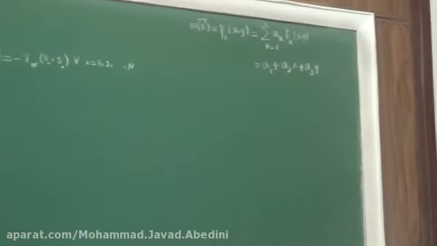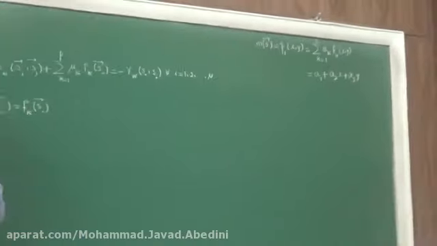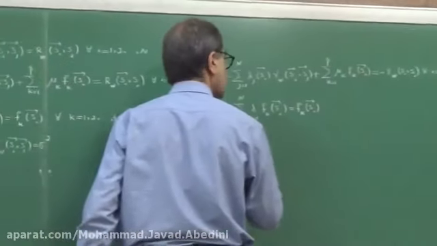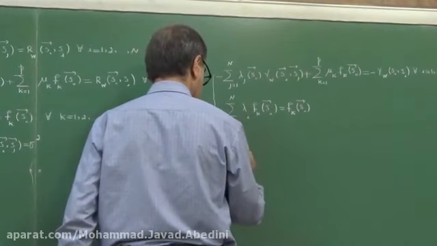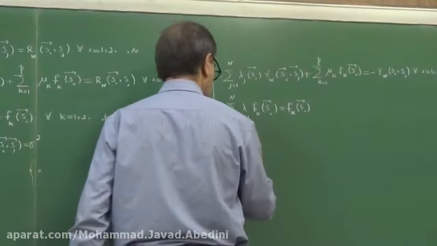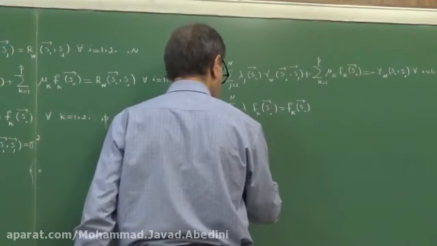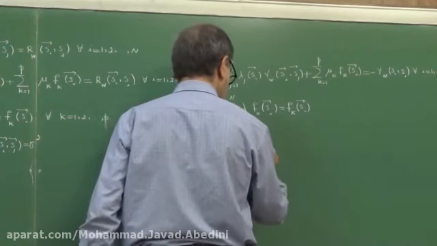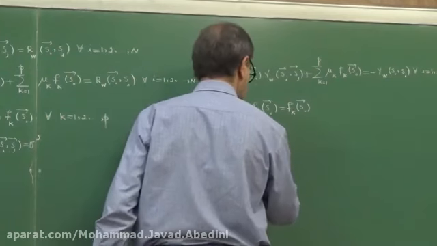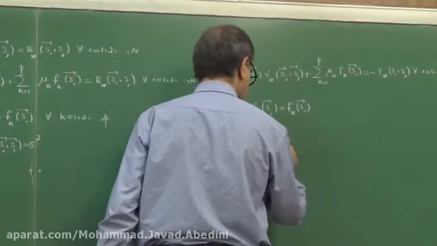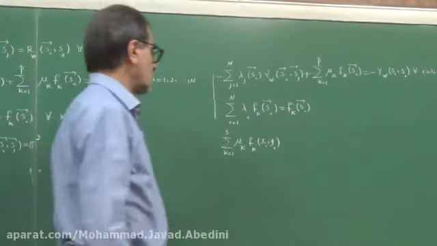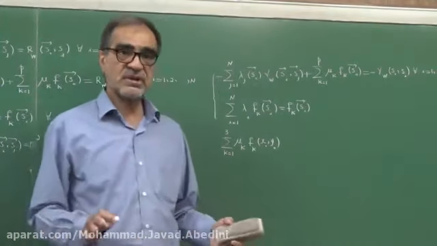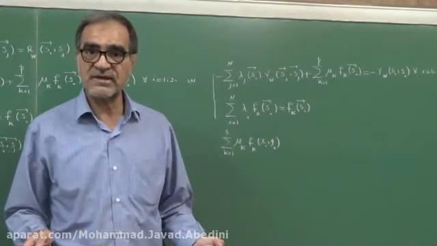If I want to expand this relationship, I have to put k from 1 to 3, and then I have to put mu k times f sub k at x0, y0. X0, Y0 is the point under consideration where you want to have an estimation.